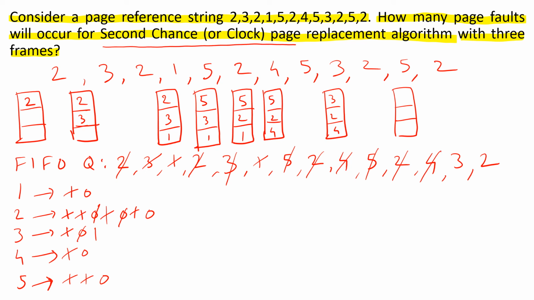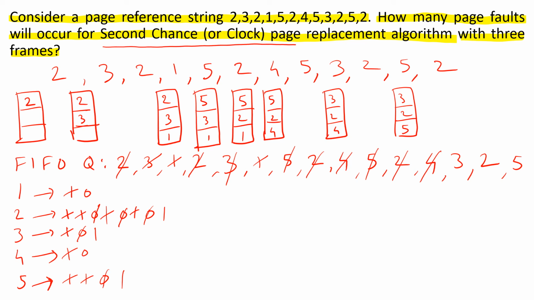Then we remove 4, and the reference bit for 4 is 0, so we replace this page 4, right? So 4 is moved out, and we have 3, 2 and then 5. Since 5 is taken into main memory, 5 is inserted into the queue and the reference bit is 1. And now we need page 2. Page 2 is already there, so we use it, and the reference bit is 1.